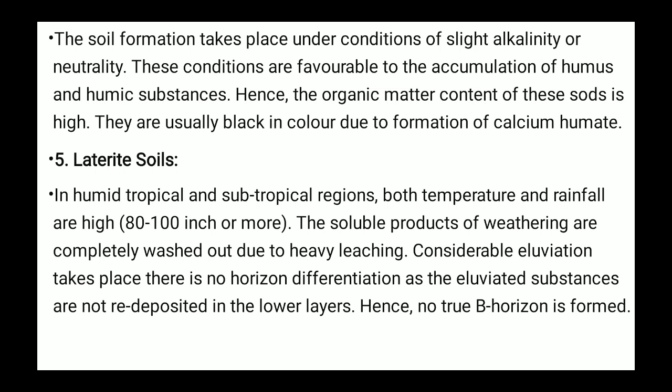There is no horizon differentiation as the elevated substances are not redeposited into the lower layers. Hence, no true B horizon is formed. In this region, this type of laterite soil is formed.